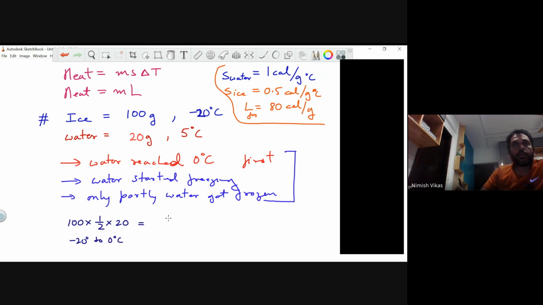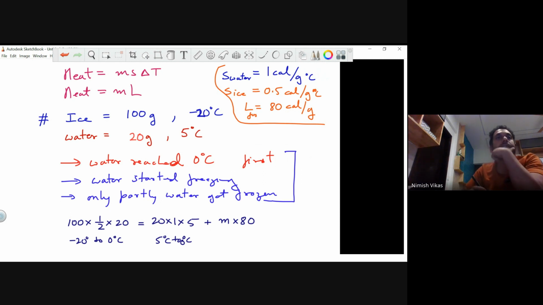So from the water side, it went from 5 degrees Celsius to 0 degrees Celsius. So 20 grams into S into change of temperature 5. It became 0. Then some of the ice has frozen. So say M mass of the ice has frozen, M into 80. While this is happening, ice has become 0 and nothing happens.